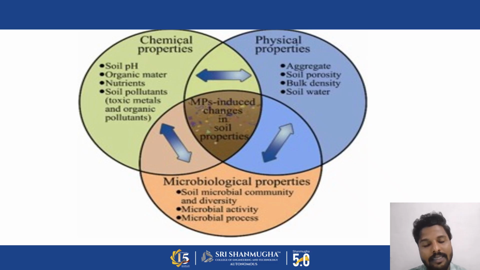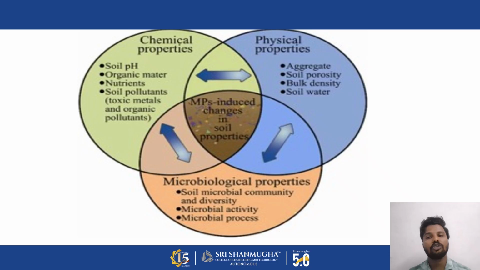So soils are majorly influenced by plastics nowadays, followed by chemicals and other things. Mainly they are affected by plastics in the form of microplastics. Microplastics induce changes in the soil properties. This suggests an external factor. Likely, microplastics are causing changes across all three property categories.